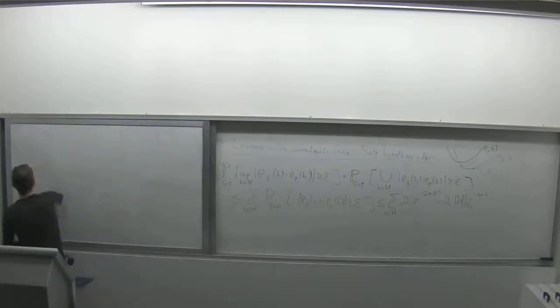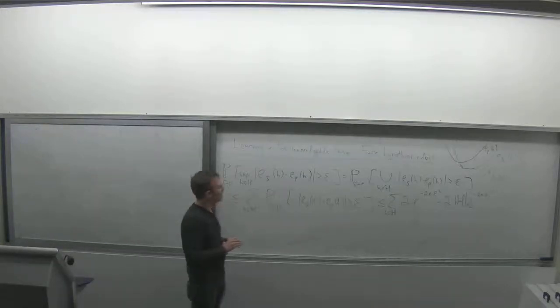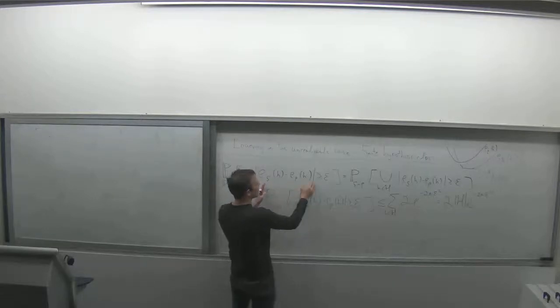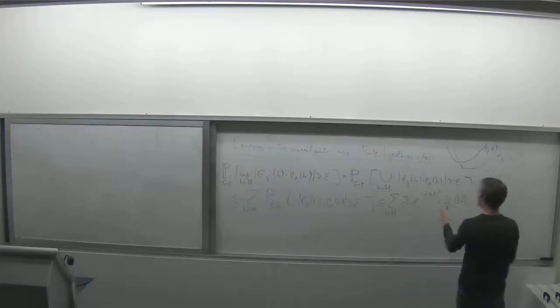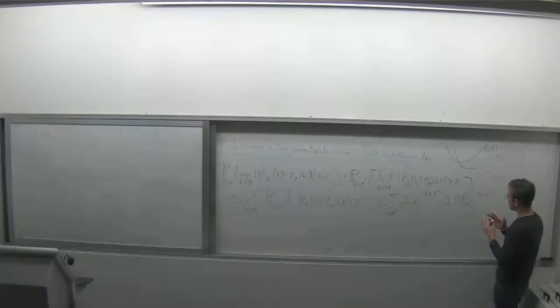So this is sort of the main technical thing that we need to show. And now we can start having fun with the conclusions that we can draw from this. So basically, what does this say? It says if you use n samples, for any epsilon, the probability that the difference between these curves will be greater than epsilon is at most this thing. So let's look at the order of magnitude here. What happens if you get more samples?